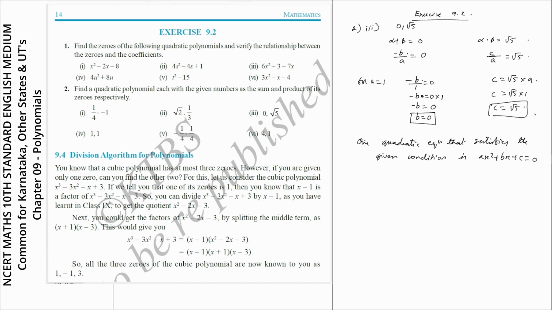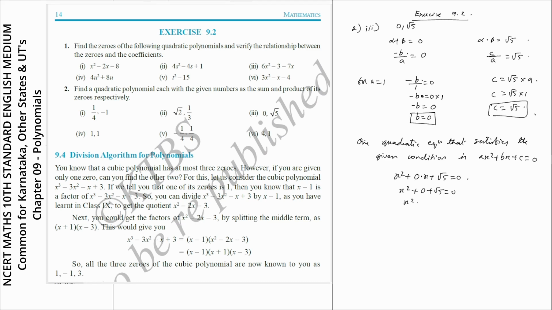Now substitute the values of a, b and c in that one. A is 1, x square, plus b I got 0 into x, plus c I got root of 5, is equal to 0. So x square, 0 into anything is 0, so 0 into x is 0, plus root 5 is equal to 0.